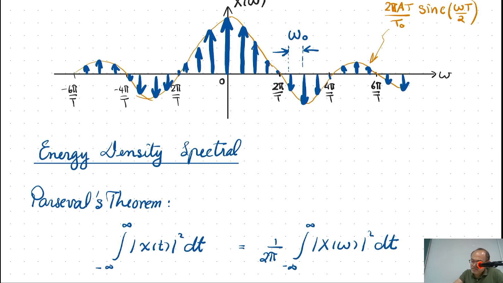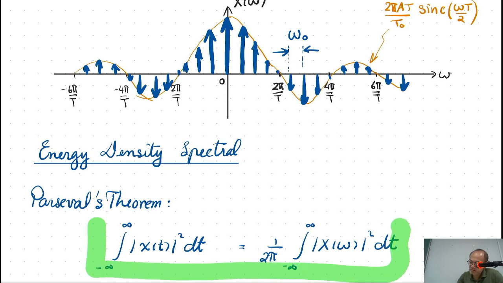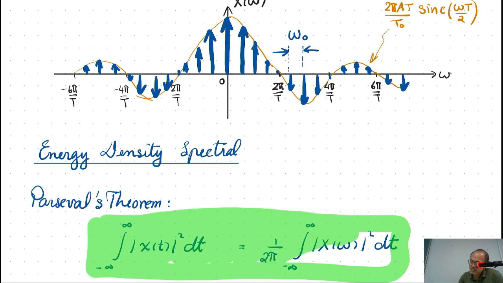This is called the Parseval theorem. It is a very important theorem down the history. So I'm just going to highlight it. This is important. This is called Parseval theorem.